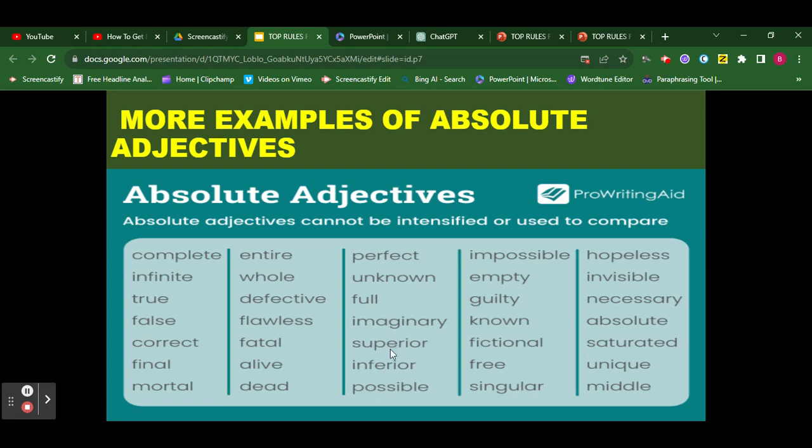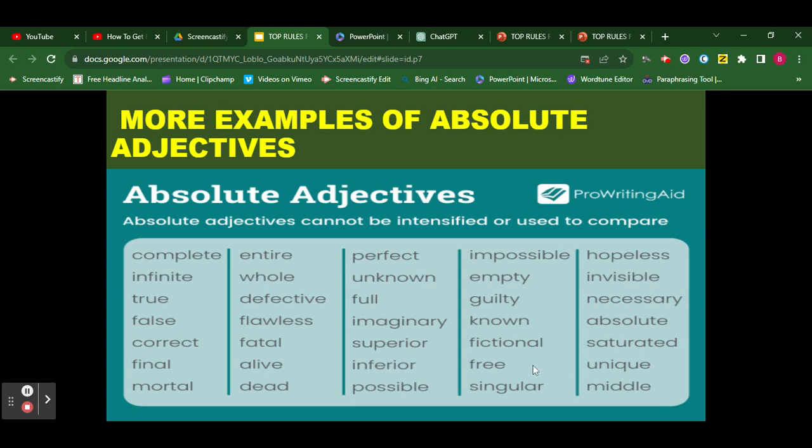Imaginary, superior, inferior, possible, impossible, empty, guilty, known, fictional, free, singular, hopeless. If something is hopeless, that's an absolute. Invisible, necessary, absolute, saturated, unique, middle.